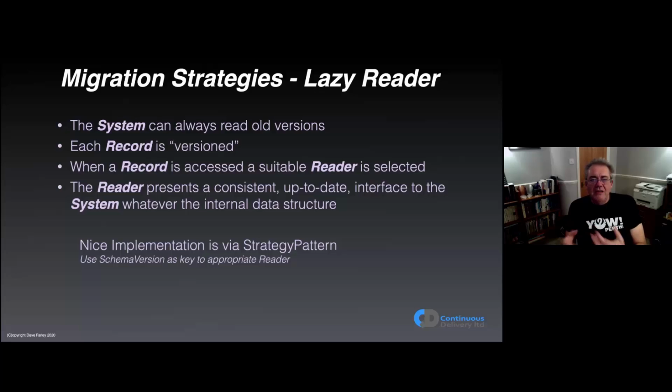The reader presents a consistent, up-to-date interface to the system, whatever the internal data structure. This is best implemented using a kind of strategy pattern for the readers, and you use the schema version of the data as the key to identify which reader to use.